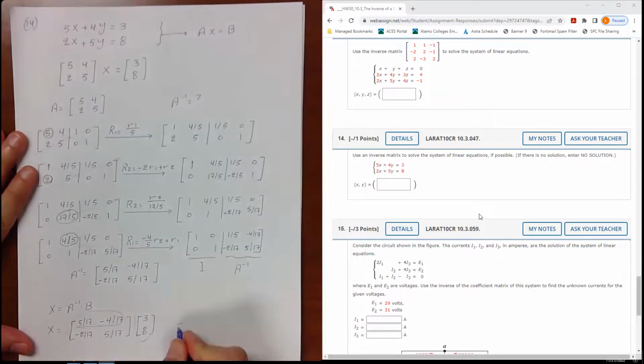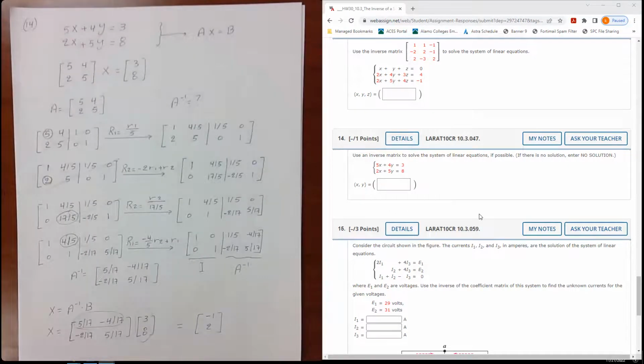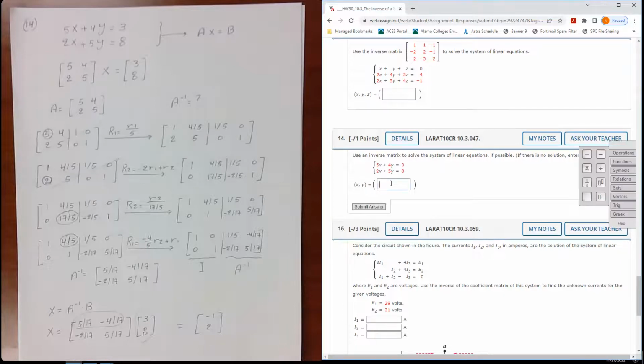So the result is going to be -1 and 2. That means we're going to type here, for example 14, -1, comma 2. That's it for this example.